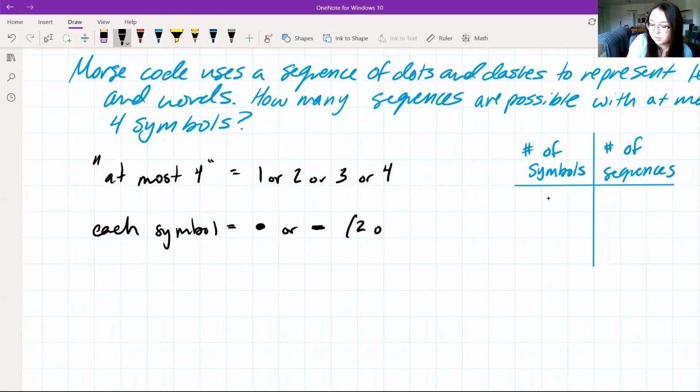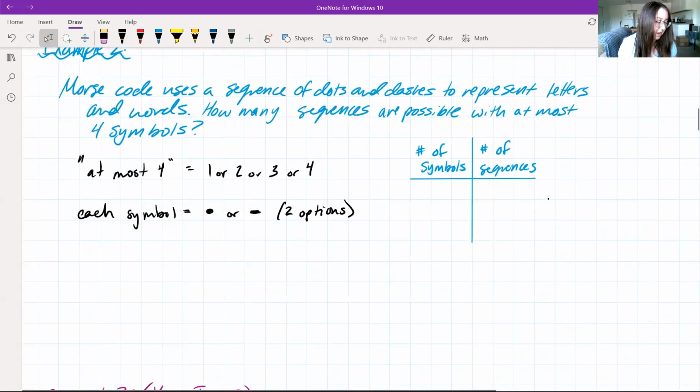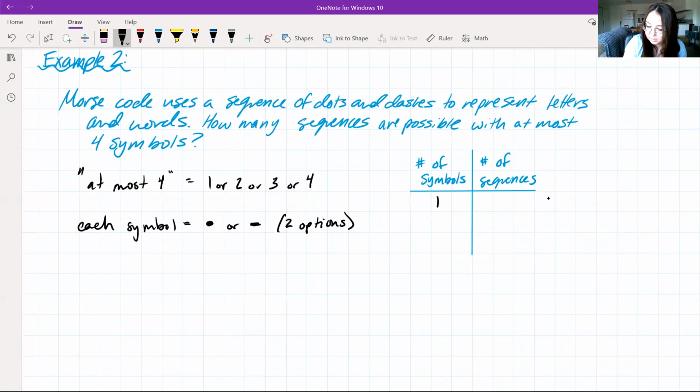So now we can calculate how many possible sequences there are. And we have our little table here, and we know if we have a certain number of symbols, say we have 1, 2, 3, and it looks like I left off the last mark here, so I'll just continue that one. So we have 1, 2, 3, and 4.